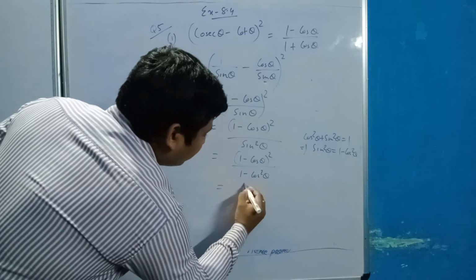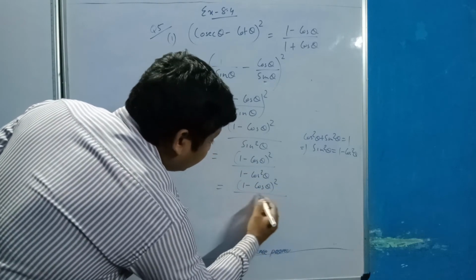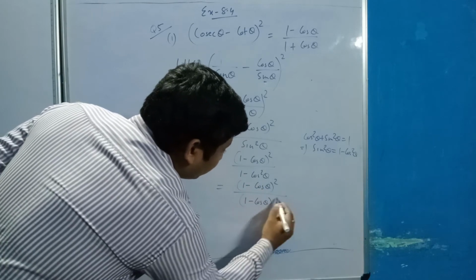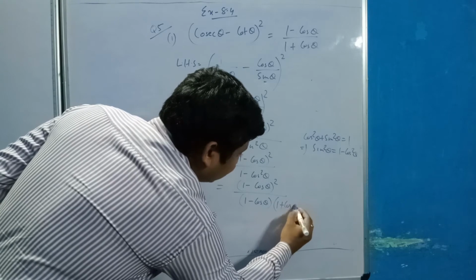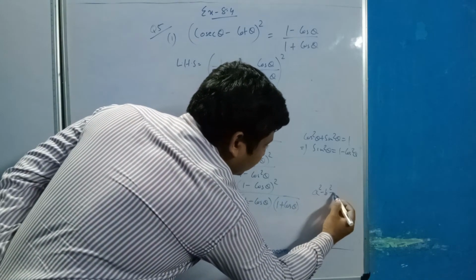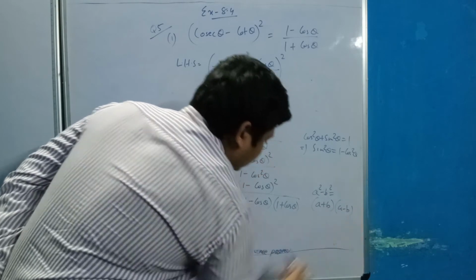I can write (1 minus cos theta) whole square divided by (1 minus cos theta) into (1 plus cos theta). It can be written because we know the formula a square minus b square equals (a plus b) into (a minus b).